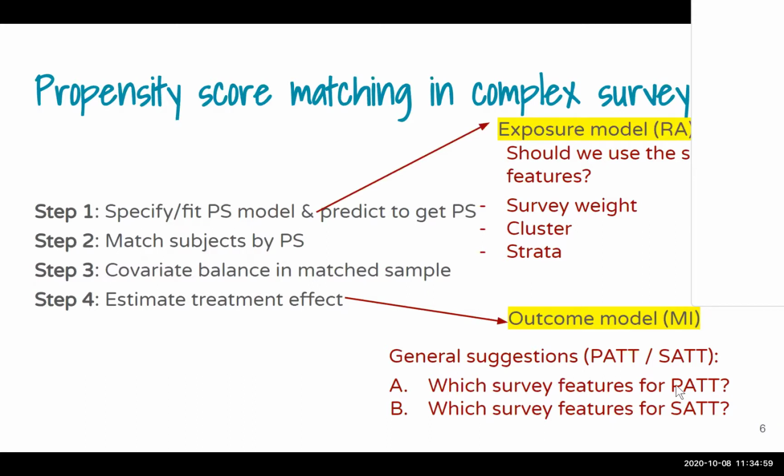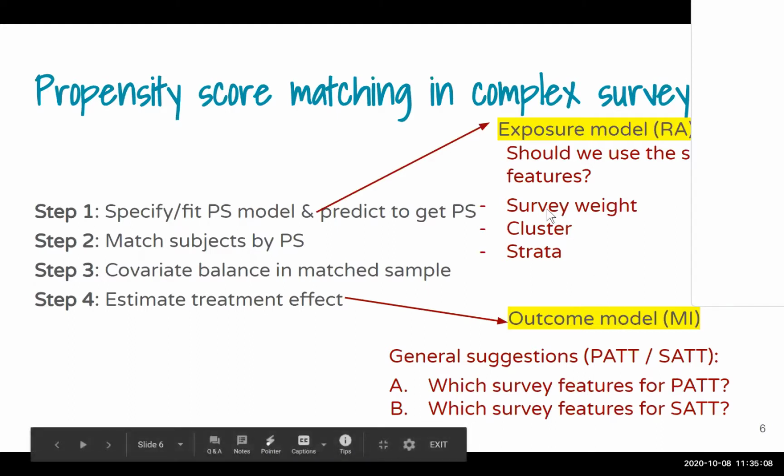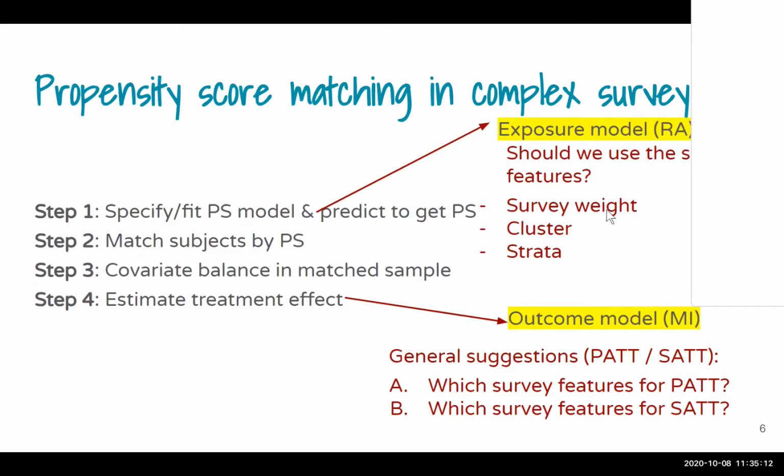From our previous class, when we covered survey data analysis, we already know that survey weight should be used if you are mapping from sample to the population. But if you are not mapping from sample to population, then survey weight is not necessary if you are going to confine your interpretation just to the sample.